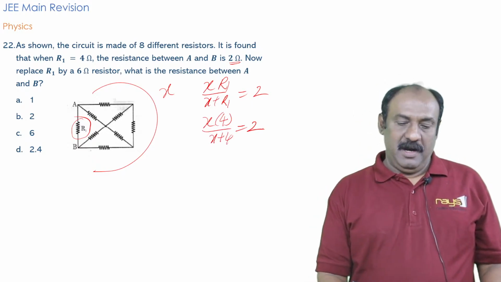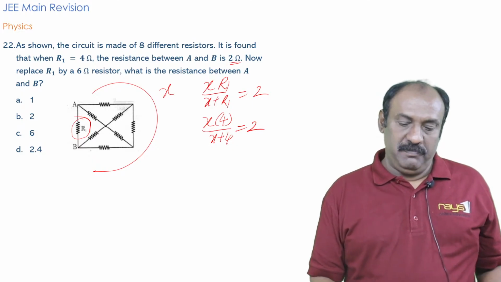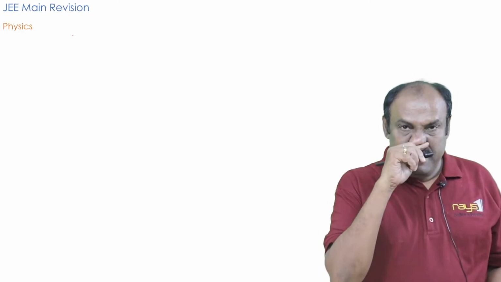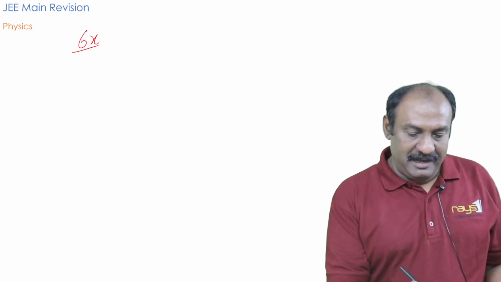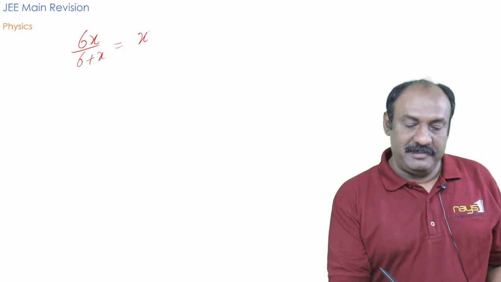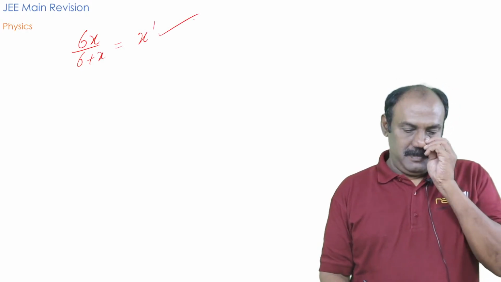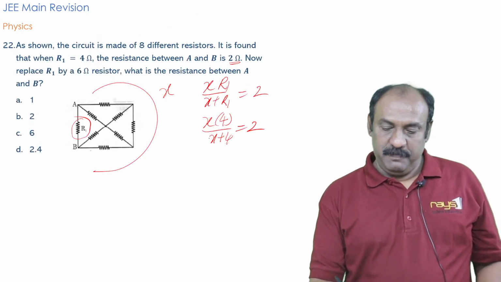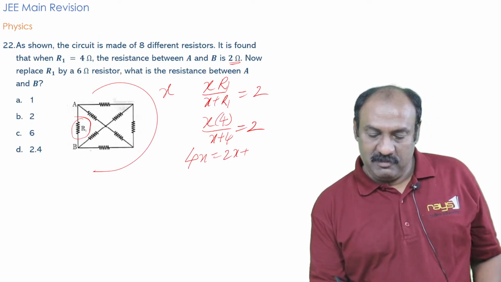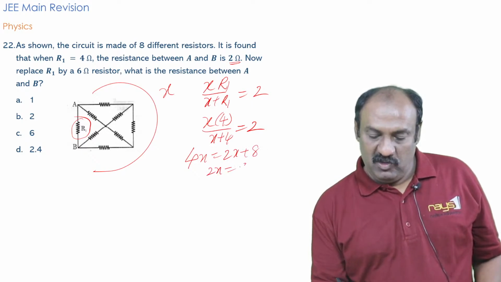Next, R1 is replaced by 6 ohm, and the resistance between A and B is X dash, which we want. From this equation, 4X equals 2X plus 8, 2X equals 8, X equals 4 ohm.